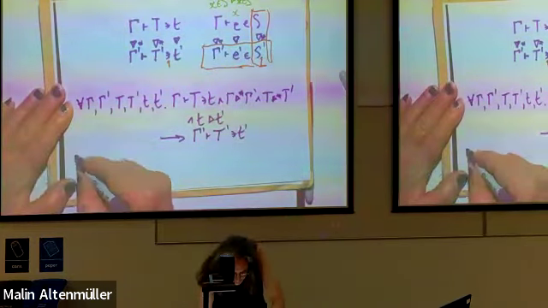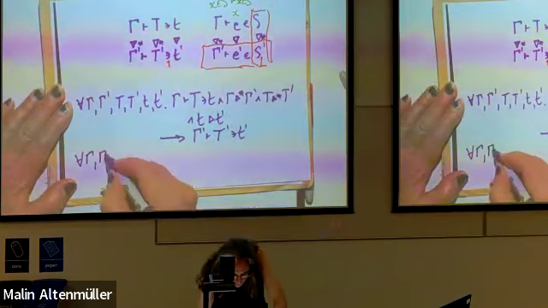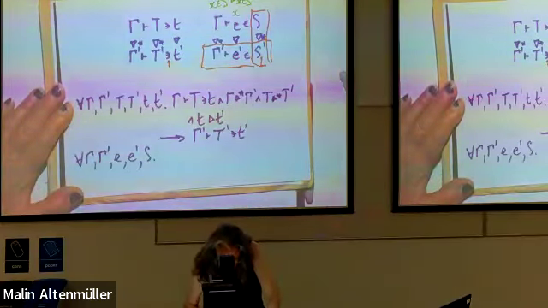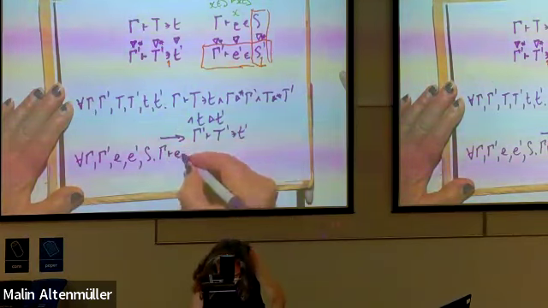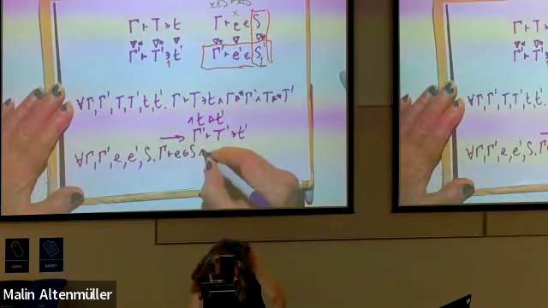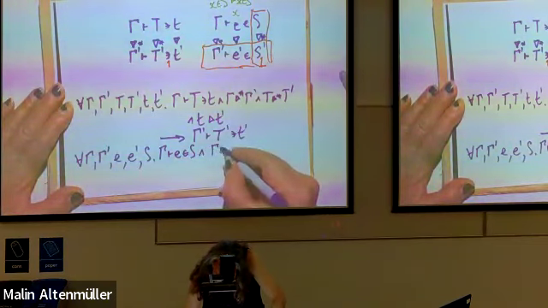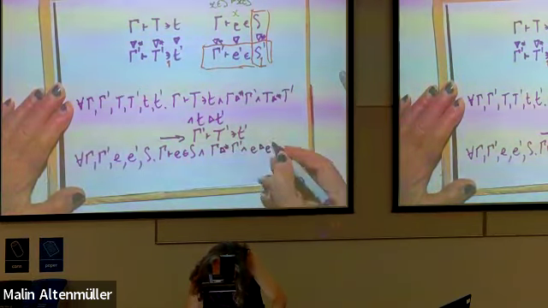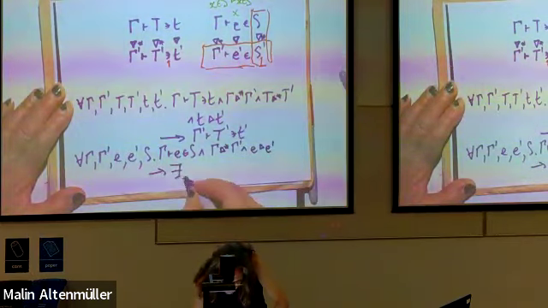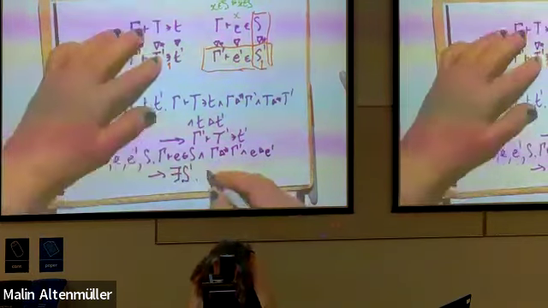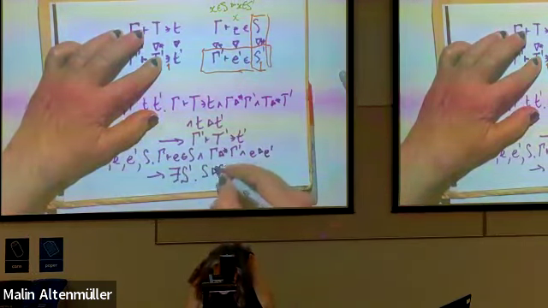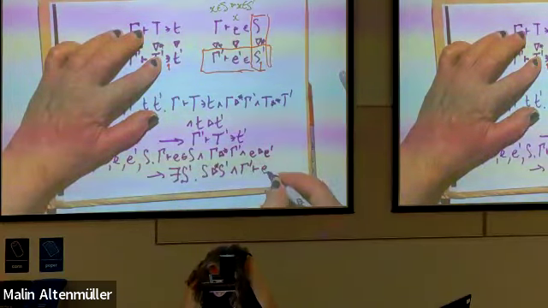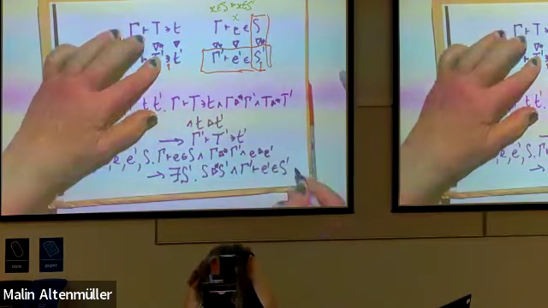Whereas the other one says for all gamma prime, E prime, and S, if gamma says E is in S, and gamma computes arbitrarily to gamma prime, and E parallel reduction steps to E prime, then there exists an S prime such that S prime can be computed from S, and gamma prime says E prime is in S prime.